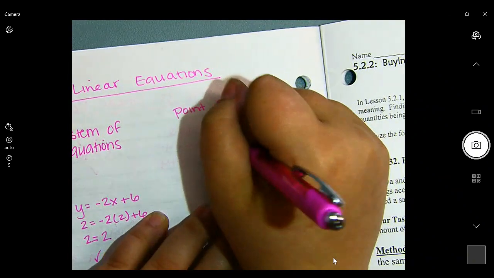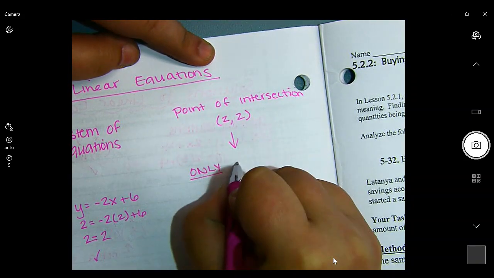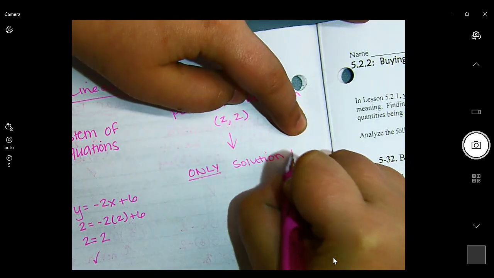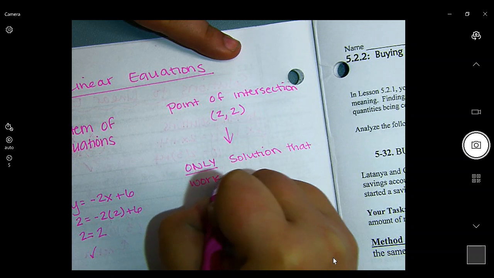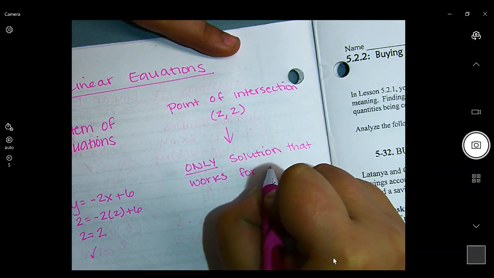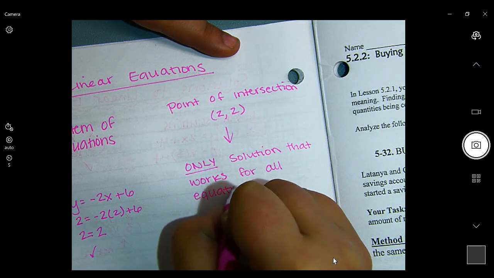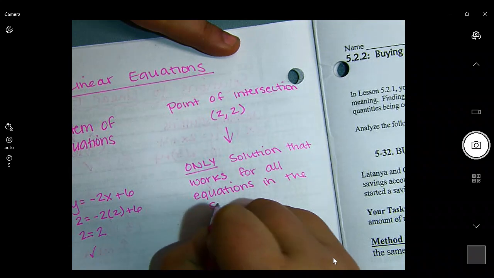So this point of intersection is the only solution that works for all equations in the system.